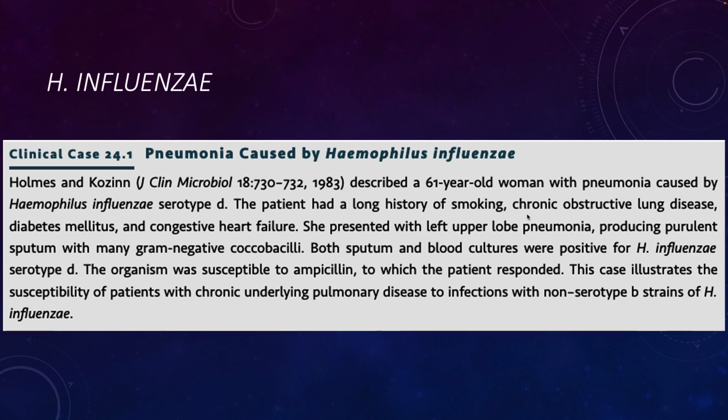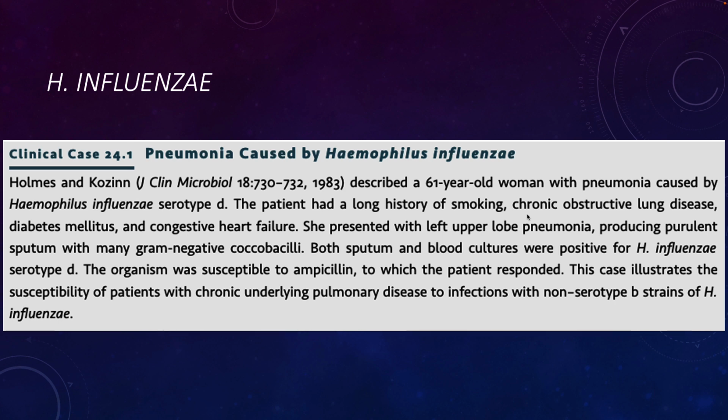So that's a challenge. She presented with upper lobe pneumonia, producing a purulent sputum with lots of gram-negative coccobacilli. So they're short rods. They're kind of in between a coccus shape and a true bacillus shape. Sputum and blood were positive for Haemophilus influenzae type D, which was susceptible to ampicillin, to which the patient responded.